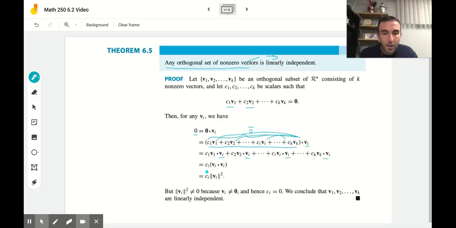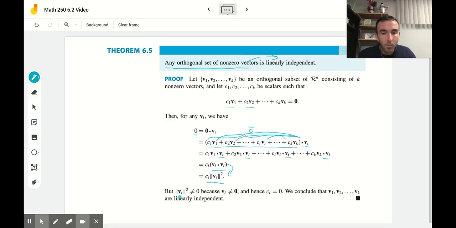And then, generally speaking, this is equal to ci times vi with the dot product there. And from theorems, I keep saying theorem, from section 6.1, vi dot vi as a vector is equal to the norm of vi squared. But we went in saying that this was a set of non-zero vectors.